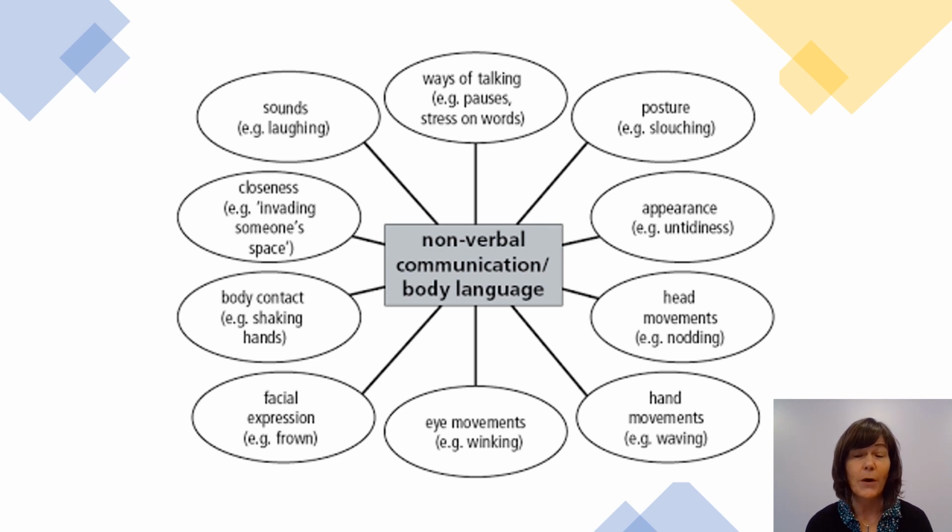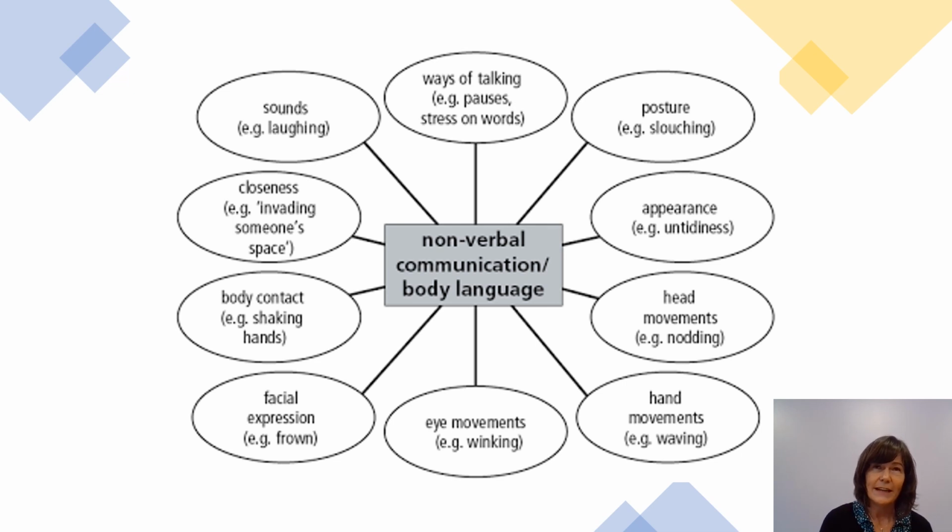And then if we look at posture, you can take a lot of meaning from somebody's posture. If they've got a very closed, turned away posture, you're not going to really want to approach them and talk to them. If they've got an open, welcoming posture, then somebody's going to be more willing to talk to them. Same with appearance.